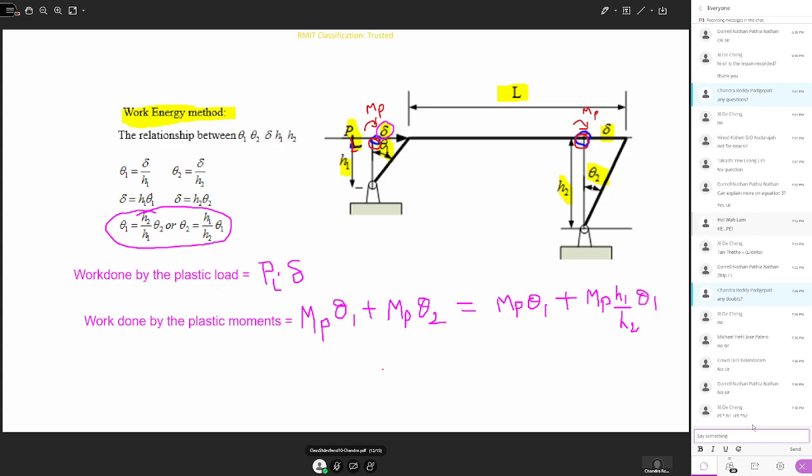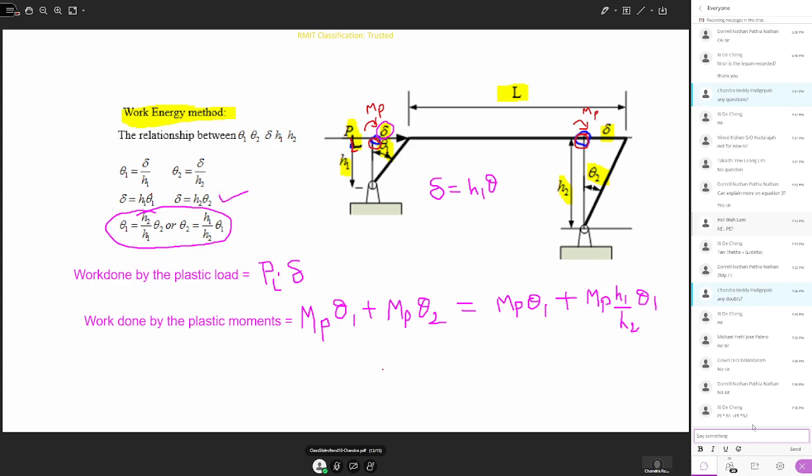And what is the relationship between delta and theta? Delta is equivalent to h1 theta1. We are done here.